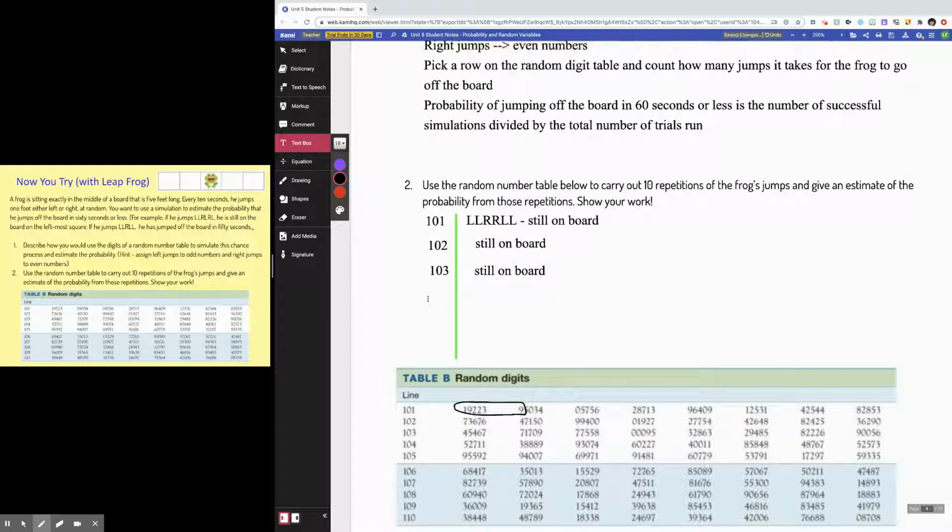But line 104 is going to turn out a little differently. The first 6 digits are right here: 527113. So he went left, right, left, left, left, left.